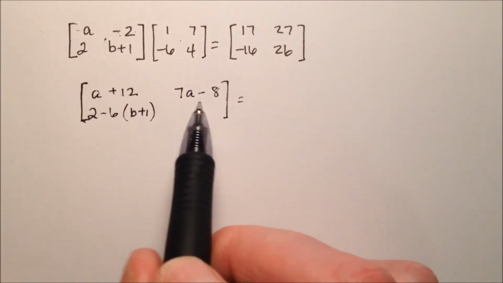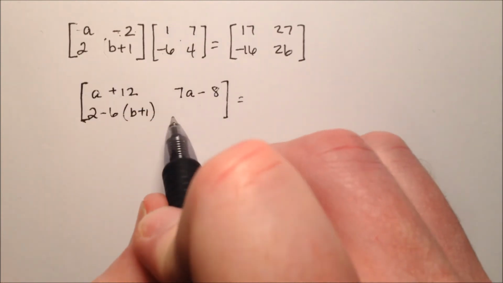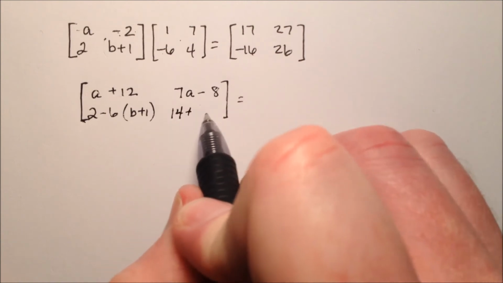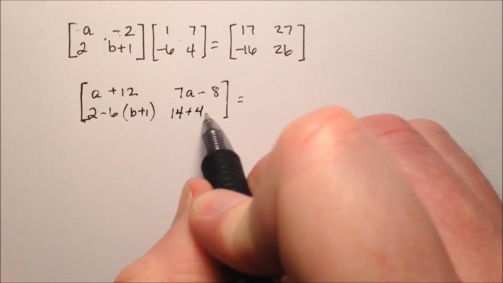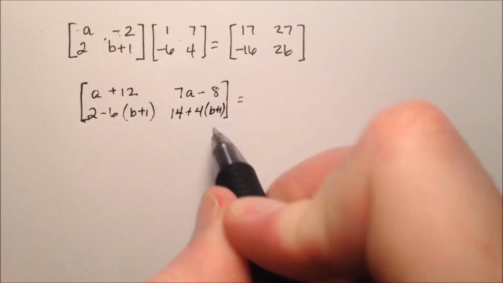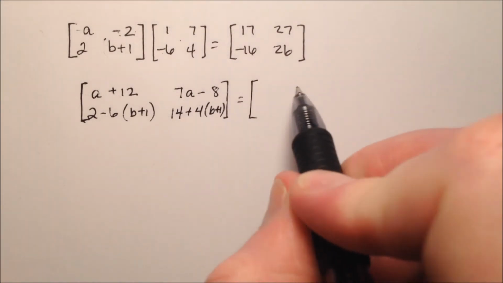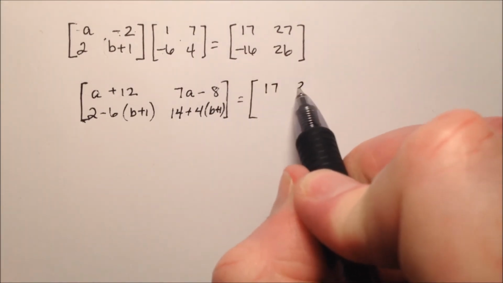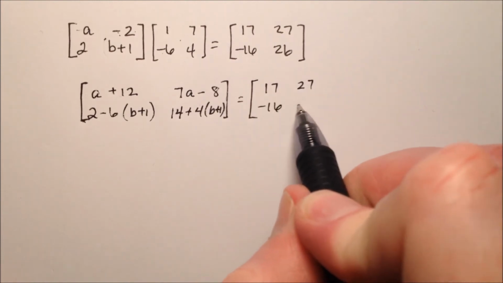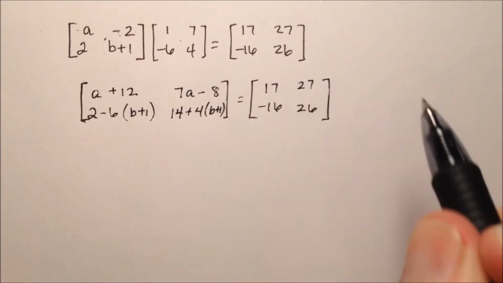And then row 2, column 2 will be 2 times 7 is 14 plus 4 times the quantity b plus 1. And what that equals is this matrix over here on the right side, which will be unchanged.